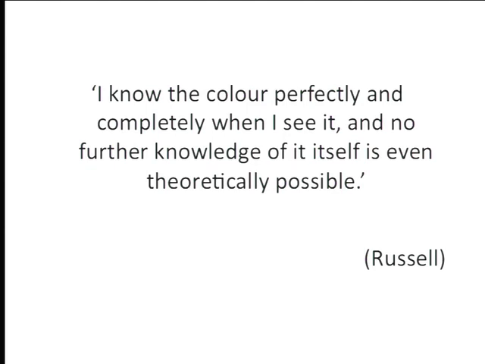And you can see what he means there: if you know about red just by looking at it, you could learn as much as you liked about red in a theoretical kind of way, but when you look at the colour for the first time, you get some kind of knowledge. You get knowledge of which particular colour that is. And that kind of knowledge, you could supplement it by getting knowledge about what kind of wavelengths are associated with it, what kind of plants have it, what its significance is.